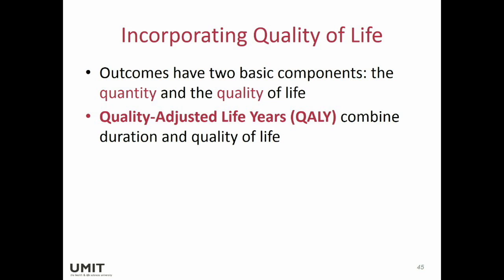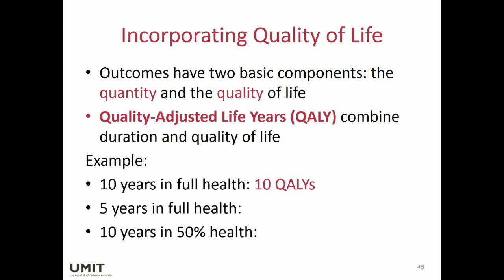So we want that combination of length of time and quality of time. We multiply the two with each other, and that gives us life years times quality, which we call quality adjusted life years. Basically, it's quality multiplied by life years. Those can combine duration and quality of life.